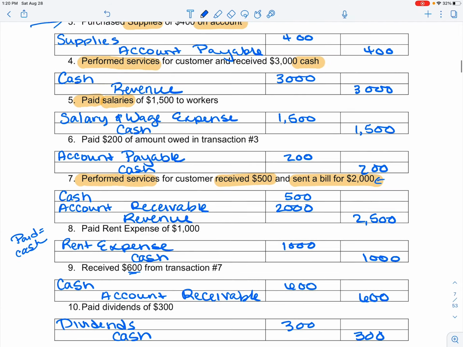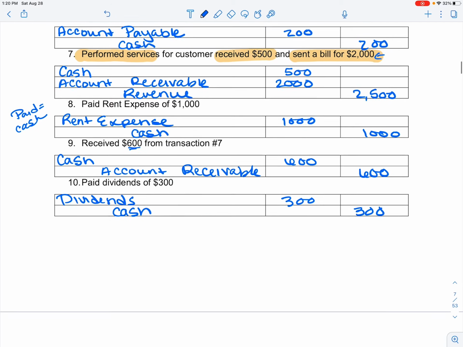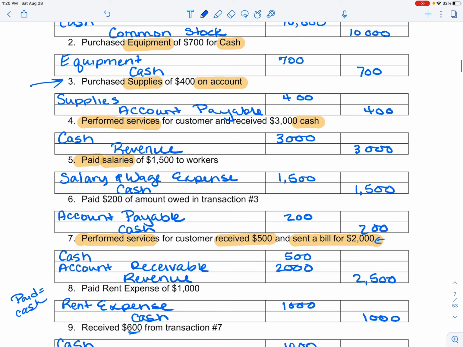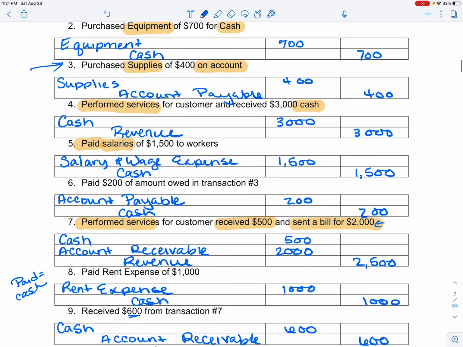The second one, I purchased equipment for cash. Going to increase that equipment, decrease my cash. The third one, I'm going to increase my supplies, increase my accounts payable.